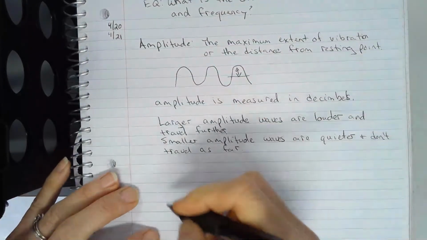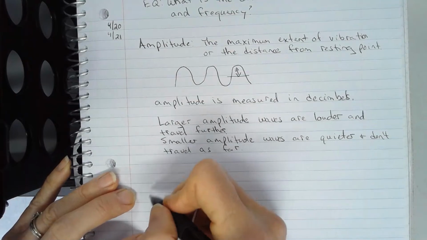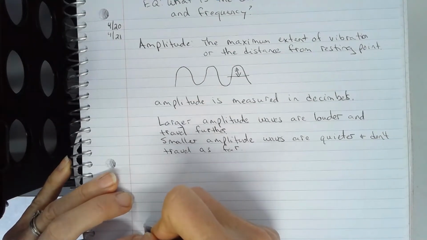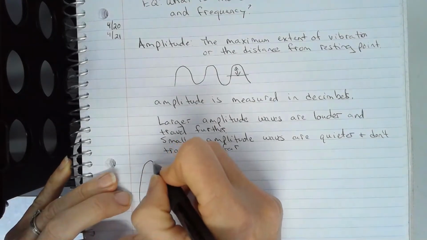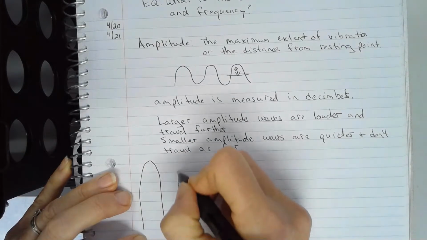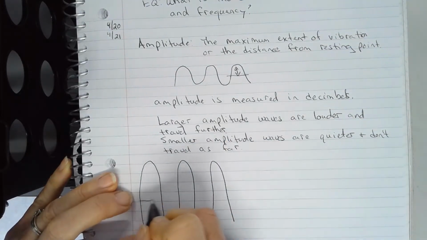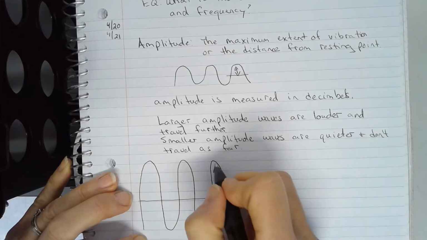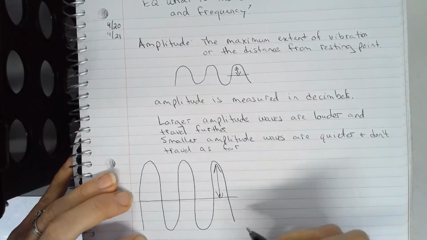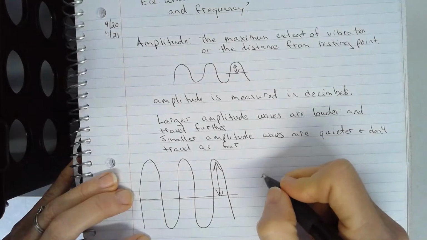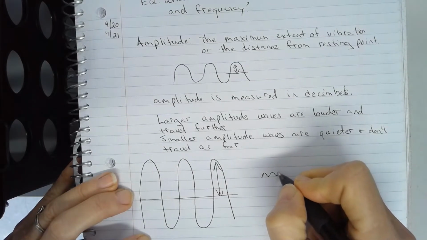So for example, if you have a child crying, your amplitude would be measured, it's super high. Whereas a whisper, the amplitude is low.